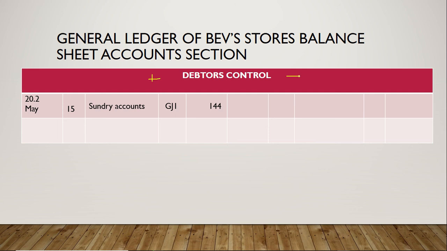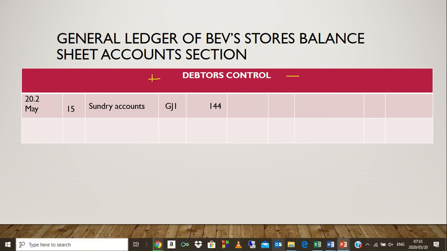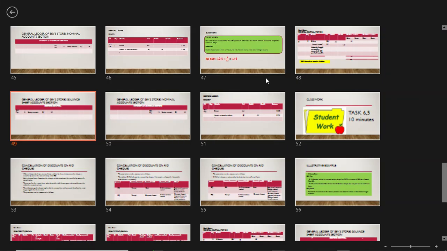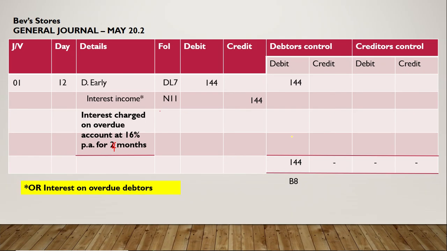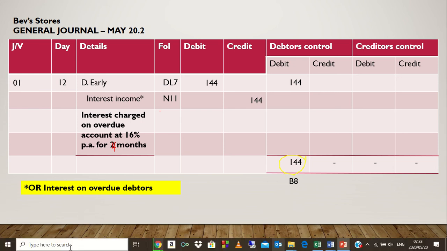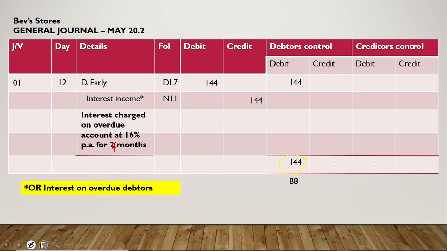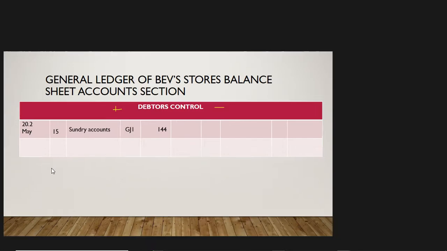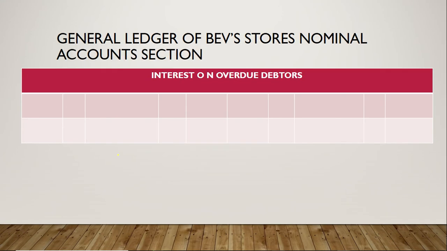This comes from the debit side of the general journal, and it will be 144. It is basically that amount. Interest on overdue debtors.